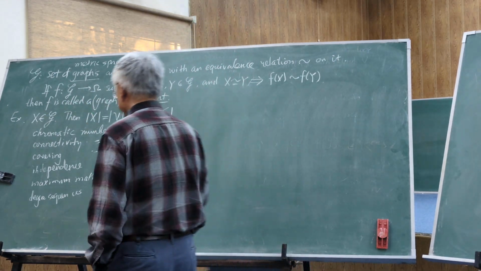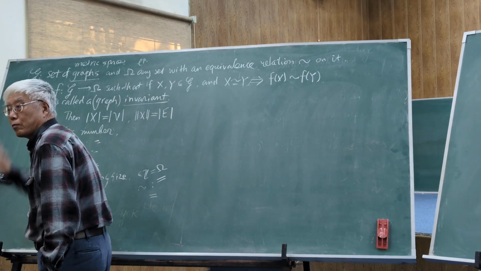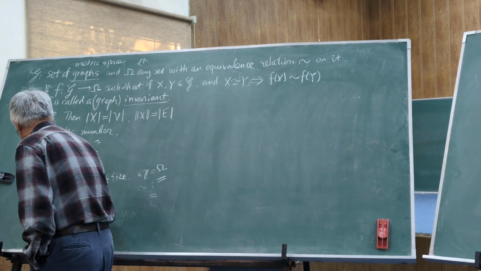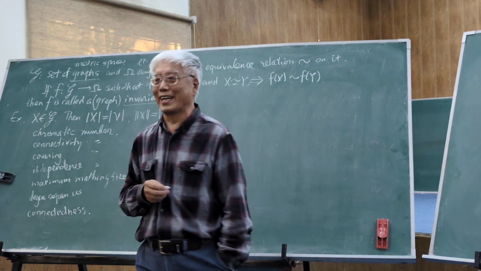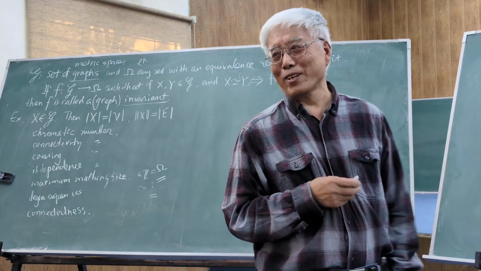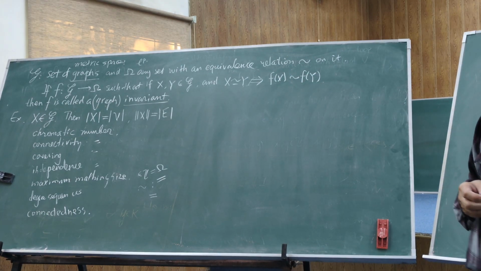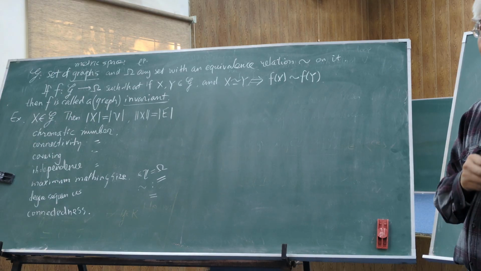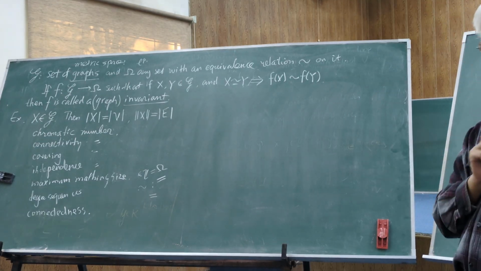Connectedness. Now, in this case, what is omega? You have to really give me omega as well. Omega is probably 0, 1 in this case. And we still have equality. We still don't have a non-equality equivalence relation.